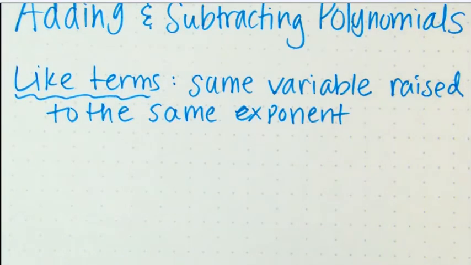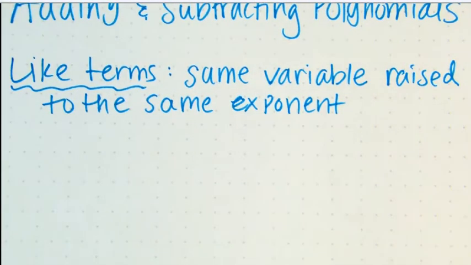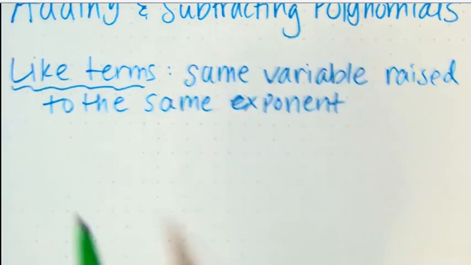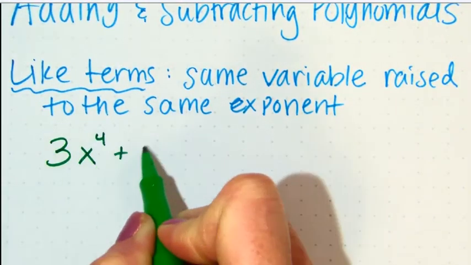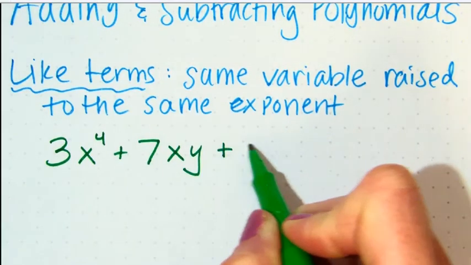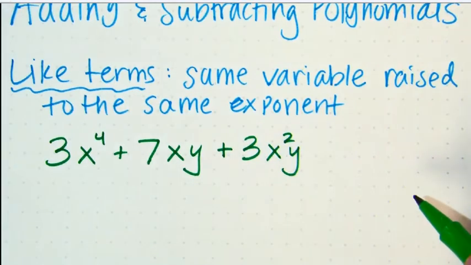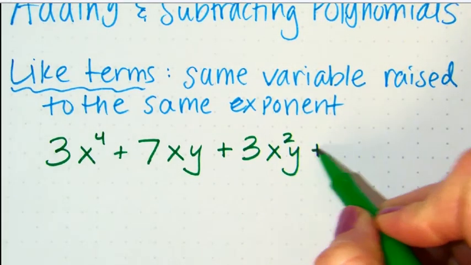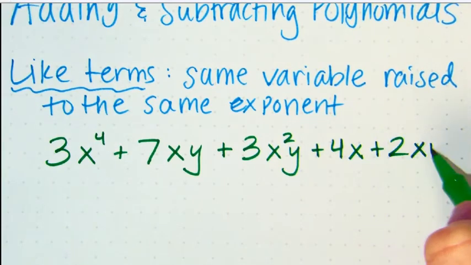For example, if we had the expression 3x to the fourth plus 7xy plus 3x squared y plus 4x plus 2xy.